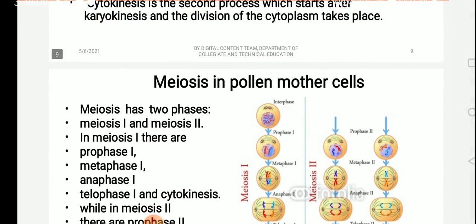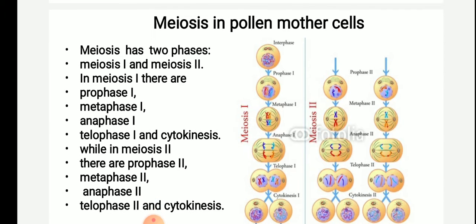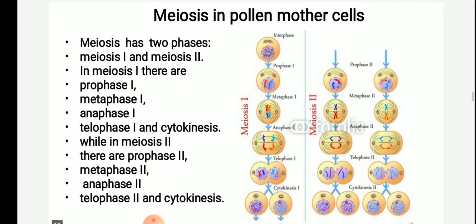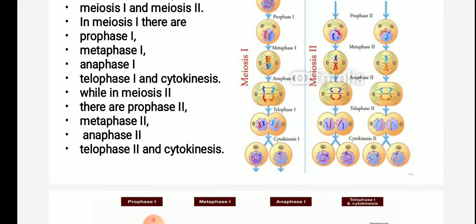Meiosis in pollen mother cells. Meiosis has two phases, as all of us know, meiosis 1 and meiosis 2. In meiosis 1, there are prophase 1, metaphase 1, anaphase 1, telophase 1 and cytokinesis. While in meiosis 2, there are prophase 2, metaphase 2, anaphase 2, telophase 2 and cytokinesis.